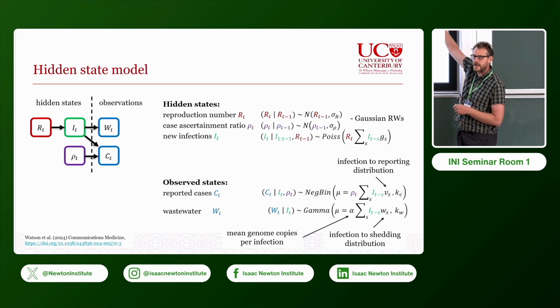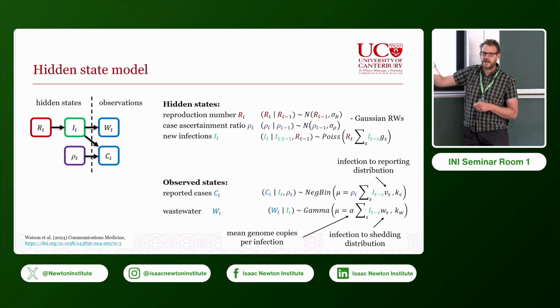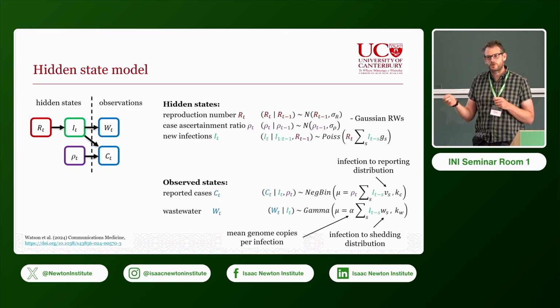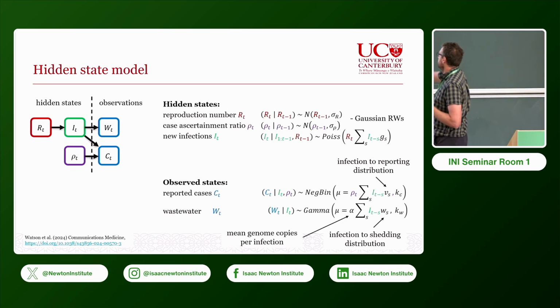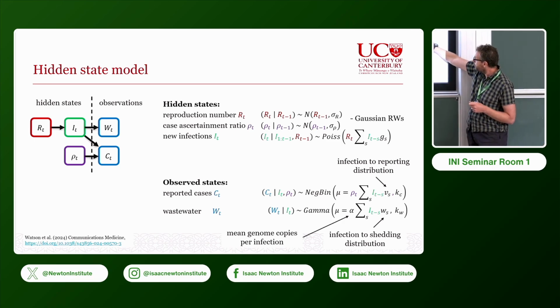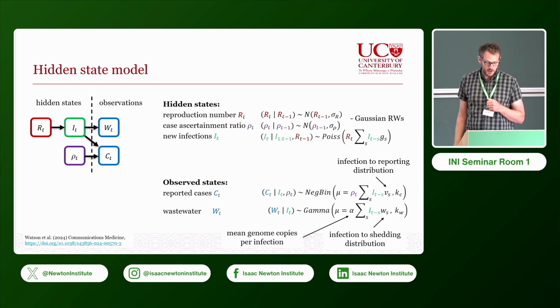So here we've just got Gaussian random walks for those hidden states, for the reproduction number and case ascertainment rate, a standard Poisson renewal equation for new infections, and then for our observed states, it's basically doing the normal thing, a convolution with some distribution of the time from infection to reporting, and then a similar kernel distribution for the time from infection to shedding.